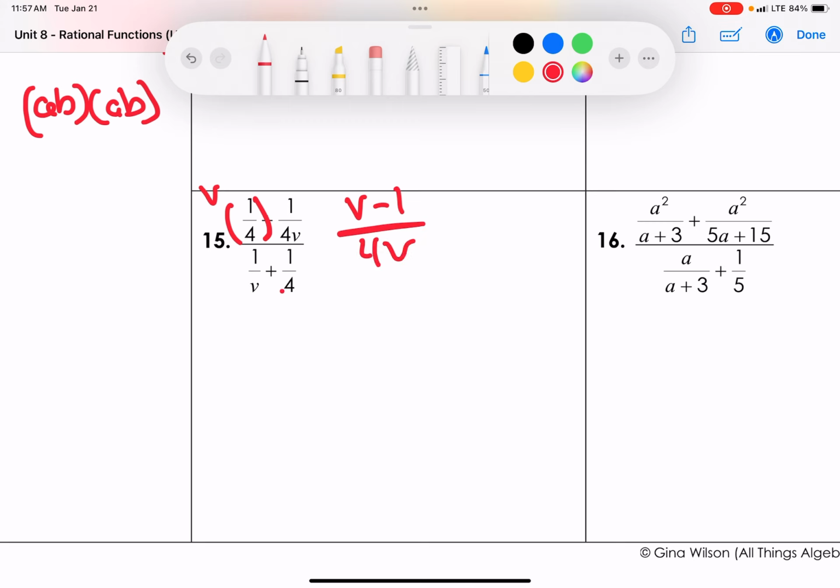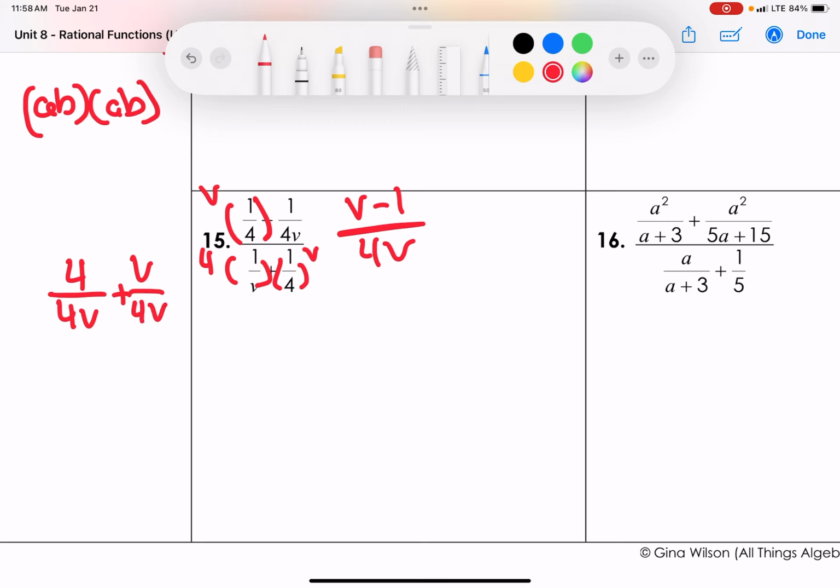And now same idea with the denominator. I'm going to multiply this side by 4 and multiply this side by v because I want them to have common denominators. So now this becomes 4 over 4v plus v over 4v.